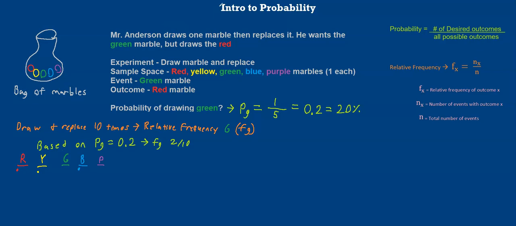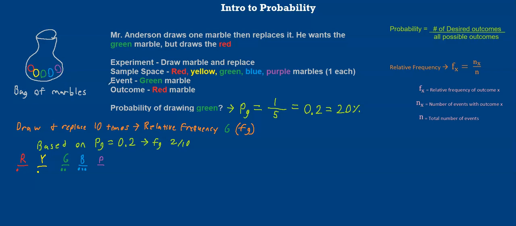Maybe on the fourth we draw green, and then who knows, maybe we draw green again on the 5th time. And then maybe we draw blue 2 times in a row as well. And we haven't drawn purple yet. How many times have we drawn so far? 1, 2, 3, 4, 5, 6, 7. And actually, let's pretend purple's way down there and we just happen to not draw it once out of 10 times.